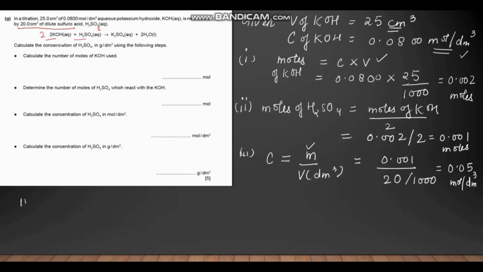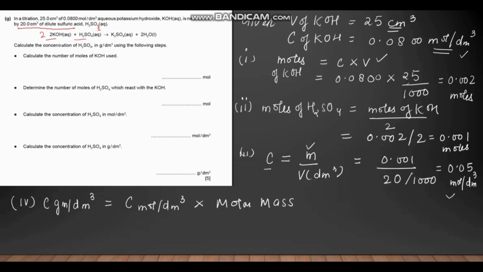Now coming to the fourth part of this question, calculate the concentration of H2SO4 in gram per decimeter cube. We have calculated the concentration in mole per decimeter cube. Whenever we have to calculate the concentration in gram per decimeter cube, that can be calculated by concentration in moles per decimeter cube multiplied by the molar mass of the substance.